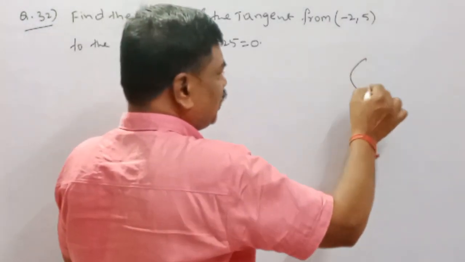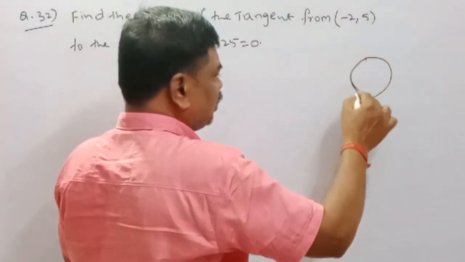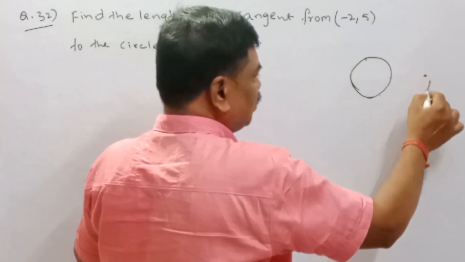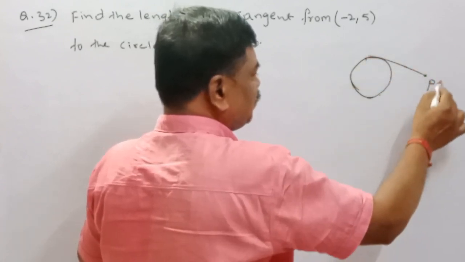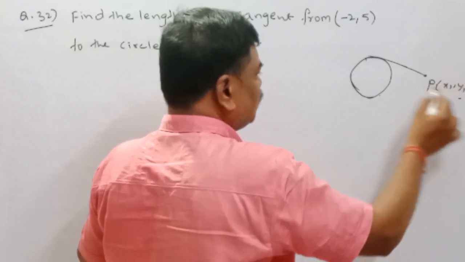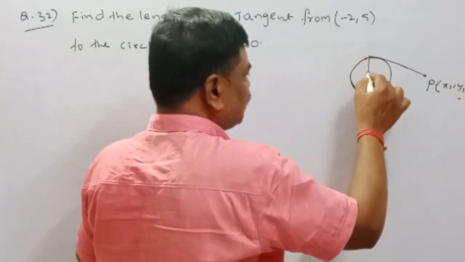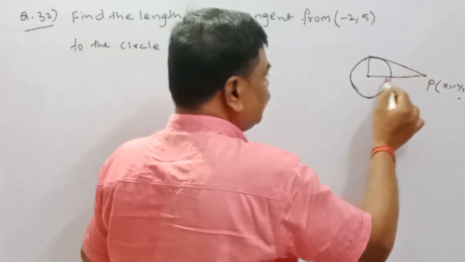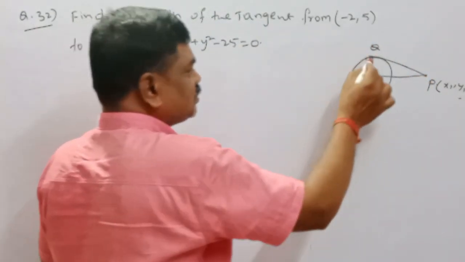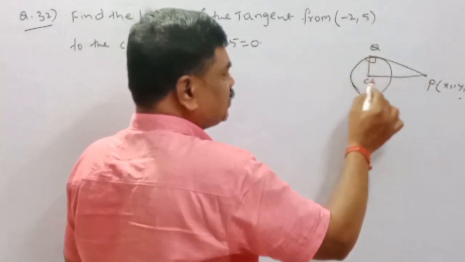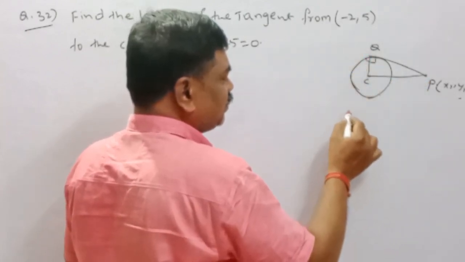Okay, all of you, here you see this is the circle, this is the point P, and this is the tangent PQ, Q(x1, y1), and this is the center of the circle, C. This is the right angle. So PCQ is a right angle triangle.